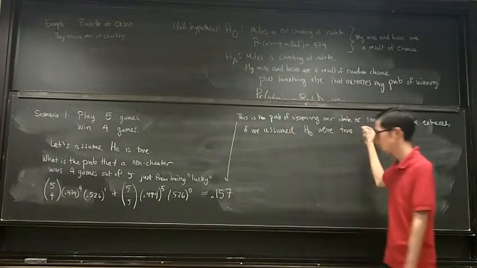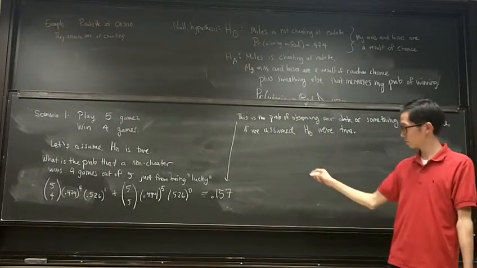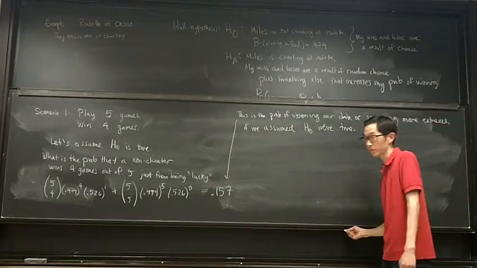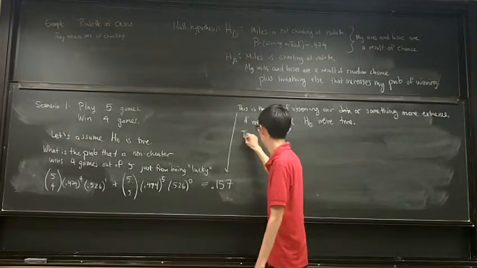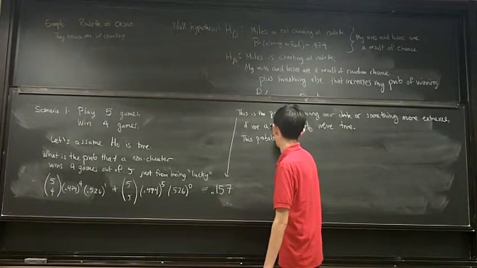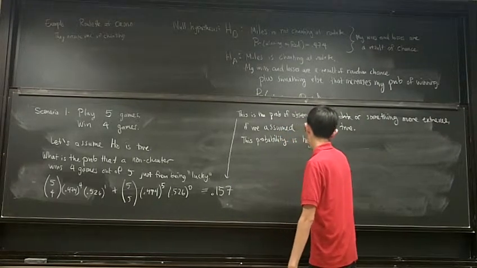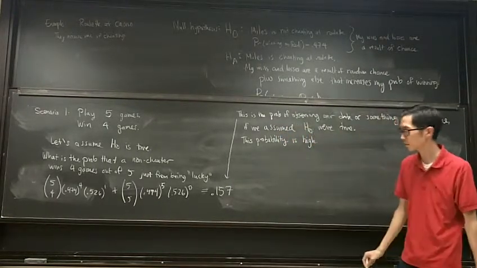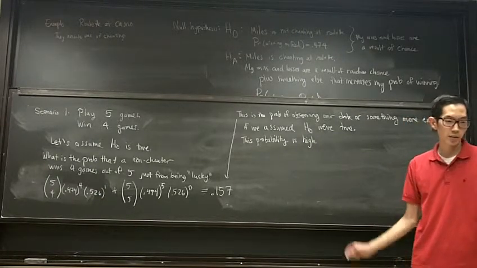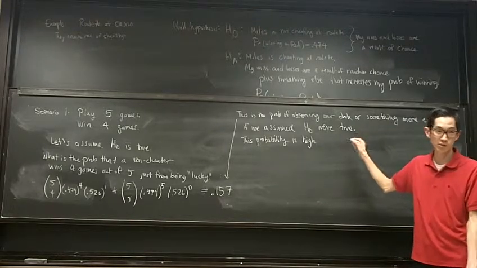Or in other words, if we assume that I'm not cheating. This probability is relatively high. Meaning it does not provide evidence that the null hypothesis is false.